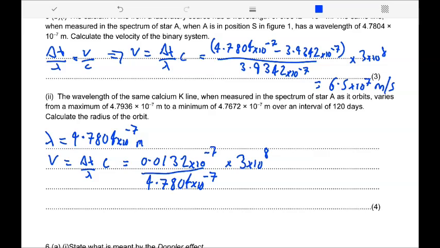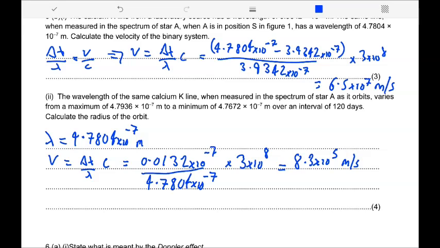Well, it's the difference between this wavelength, 4.7804, and either of these, 4.79 and 4.7672. So this is the change in wavelength between this central value and the maximum or the minimum. So the speed that we get, we can work out as about 8.3 times 10 to the 5 meters per second. That's the orbital speed of the star.